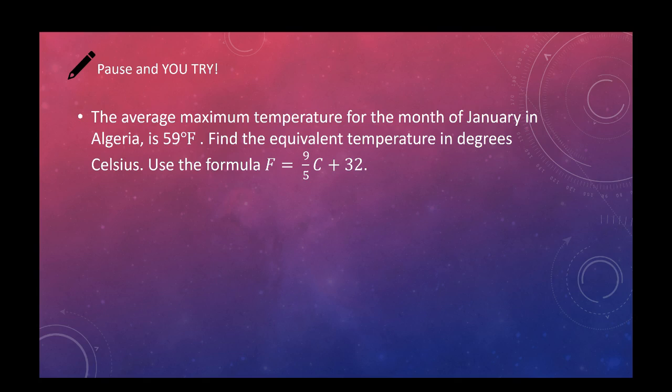Okay, so the average maximum temperature for the month of January is 59 degrees Fahrenheit. Find the equivalent temperature in degrees Celsius. So we're going to use that same formula we used earlier, except now this 59 has an F with it, so I have to plug that in for the Fahrenheit and not the Celsius.